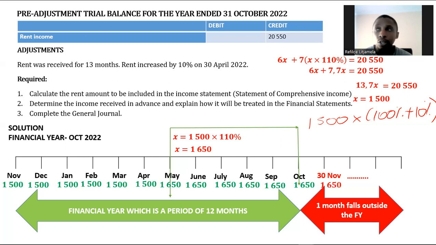The reason why it's changing color for November is because November does not fall within the current financial year. We have received that 1,650 and it is included in the 20,550, but it does not belong in the current financial year. Now we need to minus it from our total rental income received.